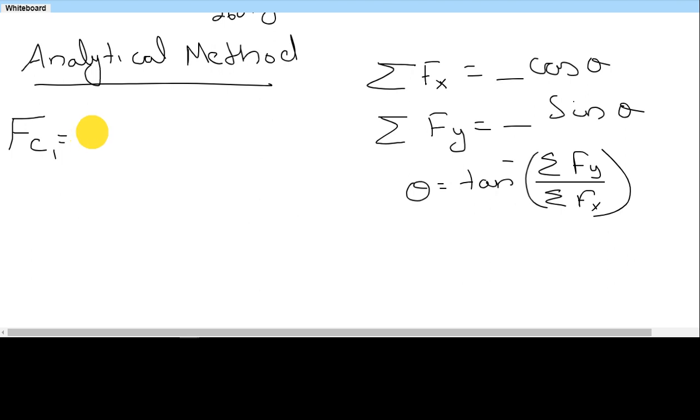That will be M1 R1, and we will negate omega, because we have taken the centrifugal force FC1 equal to M R omega squared.